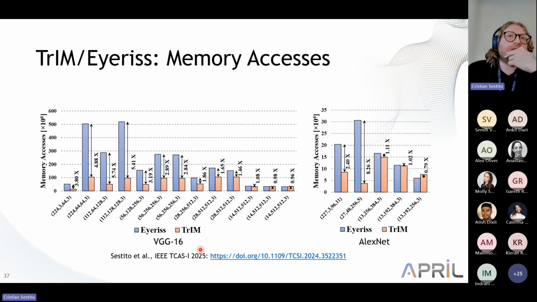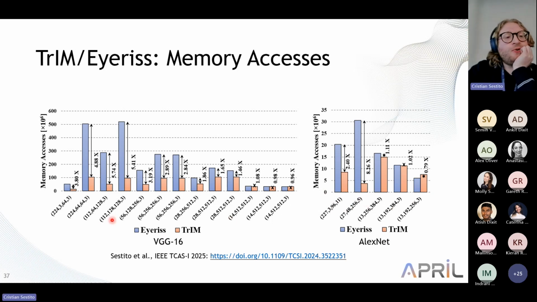The VGG16 network, which is a convolutional neural network consisting of 13 convolutional layers and 3, let's say, dense layers. And each convolutional layer exploits 3 by 3 kernels. And we also considered the AlexNet model that is a bit older, but allows us to consider different kernel sizes: 11 by 11, 5 by 5, and then 3 by 3.